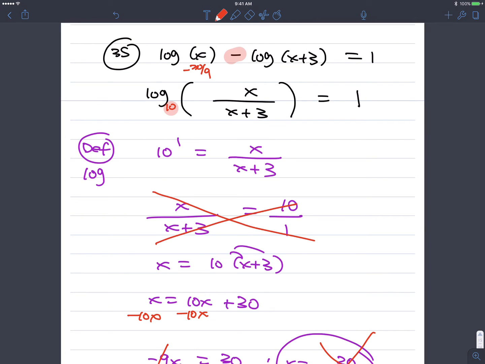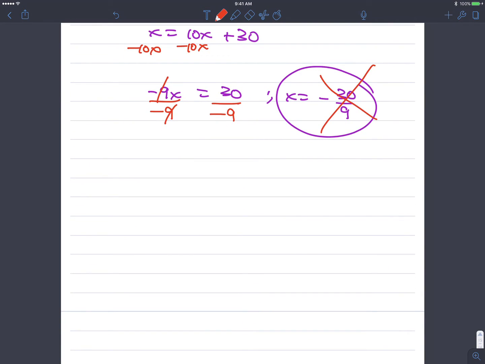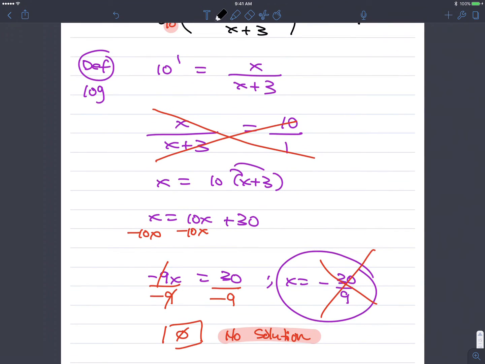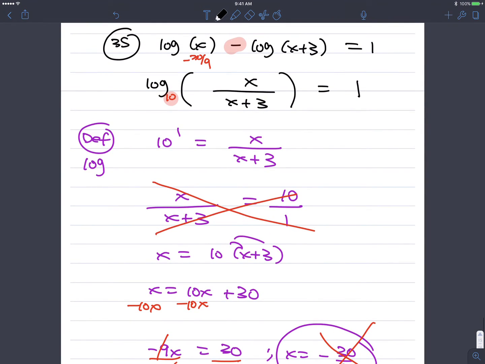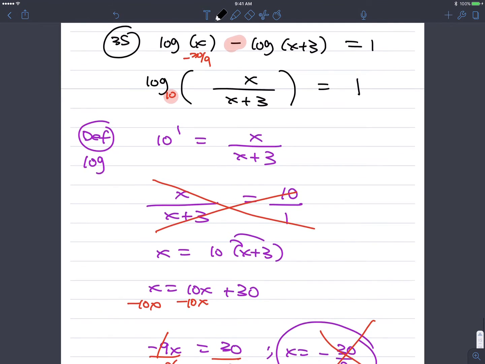And so if I have to throw out the only solution for this log equation, what this simply means is that the solution set is empty, meaning there's no real solution here. My log can't be negative. I should say the input can't be negative for a log. So the solution for number 35 is the empty set, or no real solution.